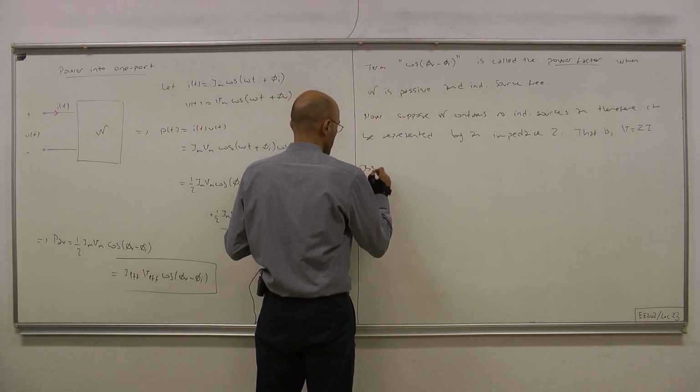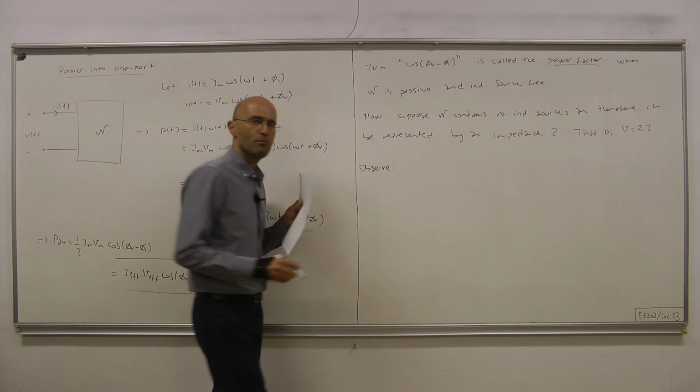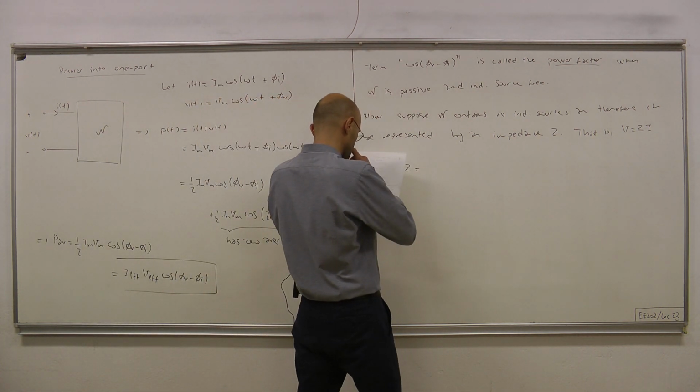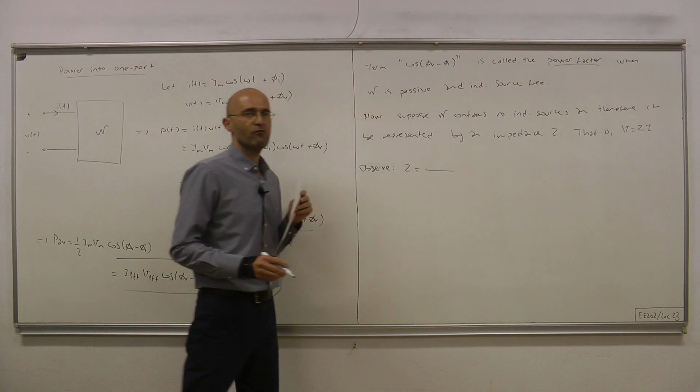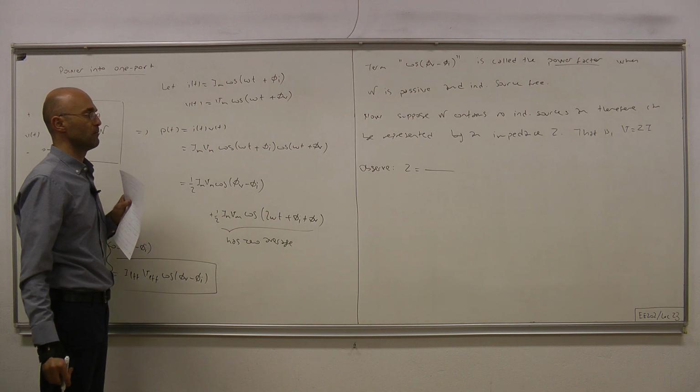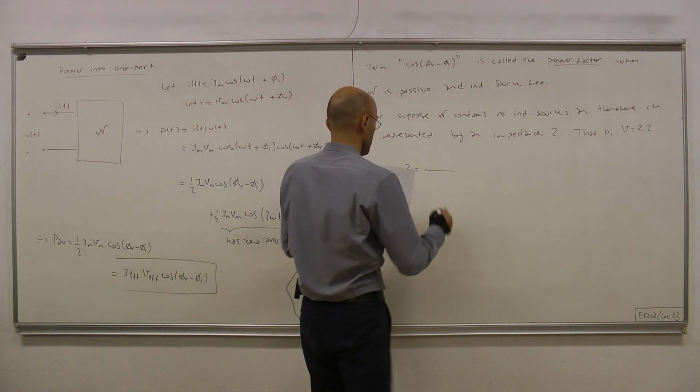Now, the following observations are easy to make. We can write Z equals, let's write voltage and current in terms of polar representation.